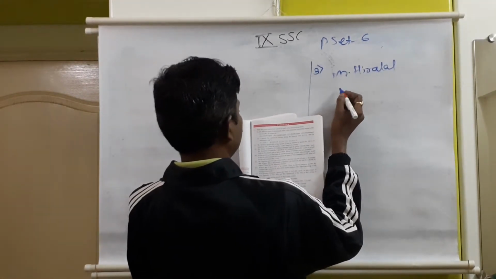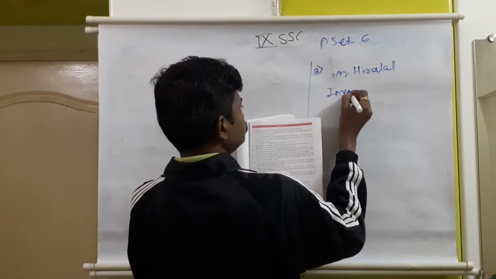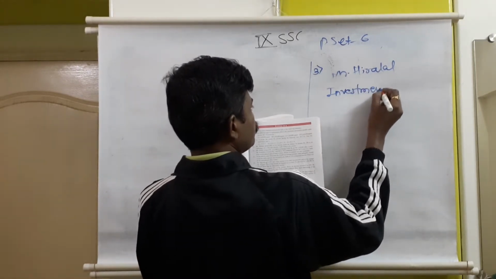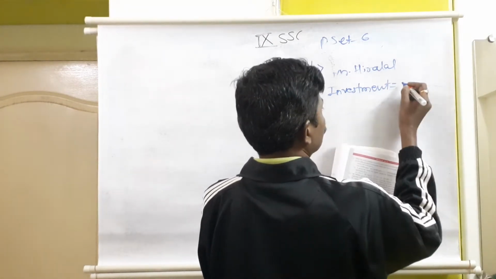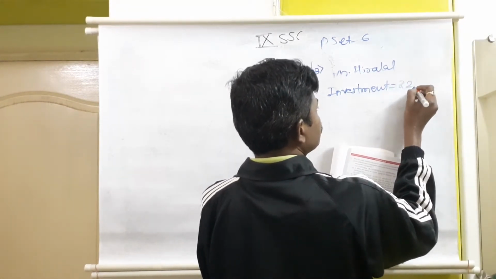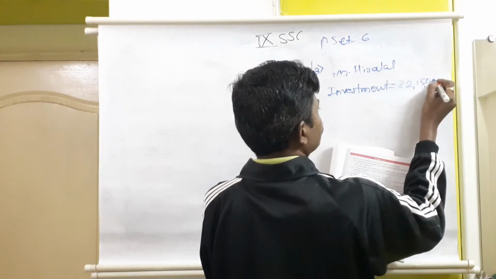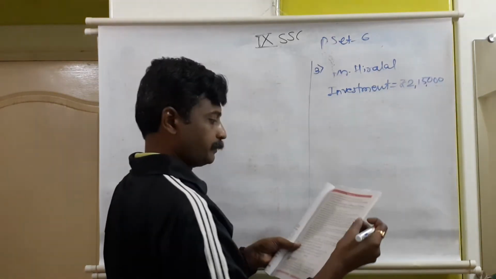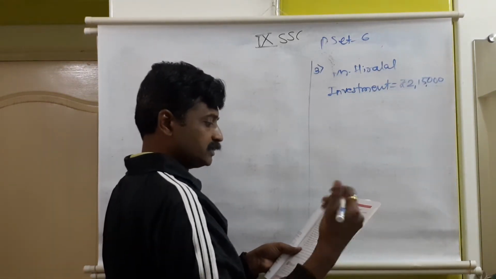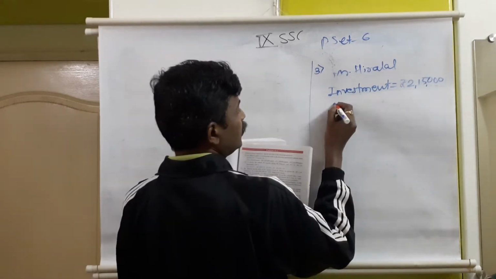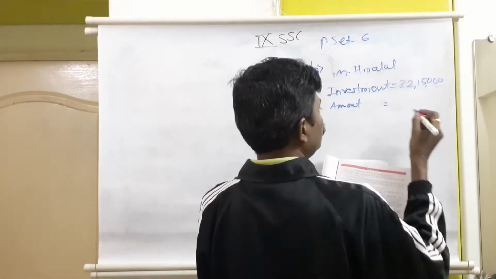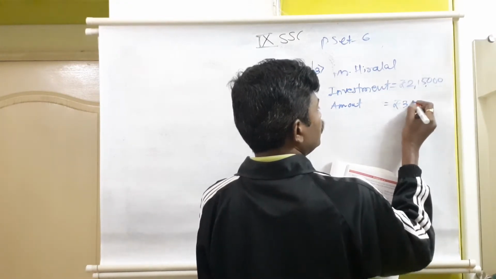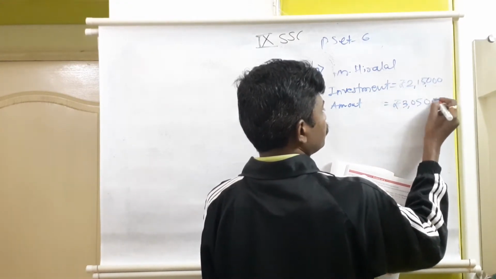The investment amount is rupees 2,15,000. And the amount which he got back after the maturity period, the amount in hand, is rupees 3,05,000.